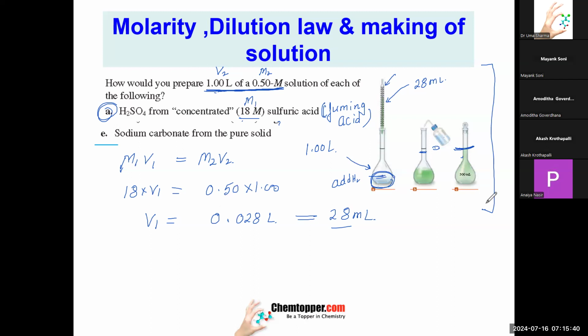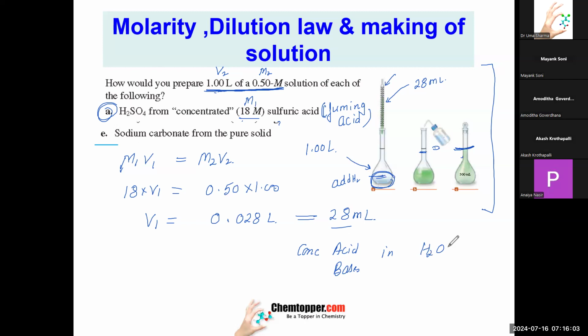So please remember, always add concentrated acids, bases, in H2O. Don't do it the other way around. Don't take acid and add water. The solution will jump out.